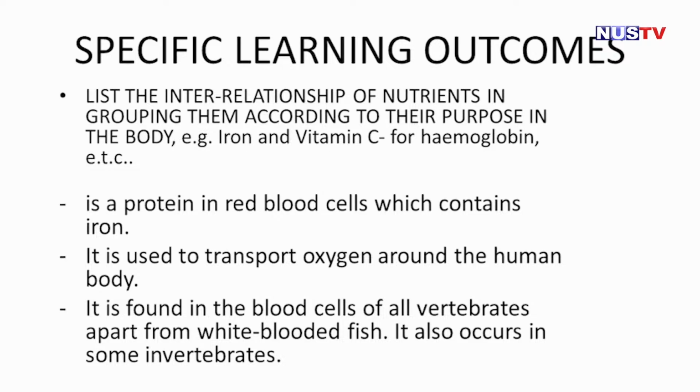Hemoglobin is a protein in red blood cells which contains iron. It is used to transport oxygen around the human body. Hemoglobin also is found in the blood cells of all vertebrates apart from white-blooded fish. It also occurs in some invertebrates.